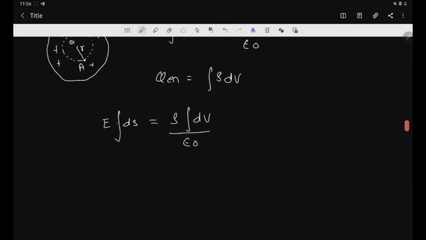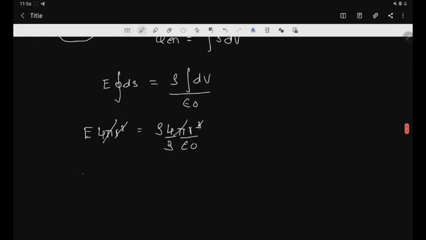Now the closed surface integral of dS will give you 4 pi r squared, whereas the integration of dV will give you 4/3 pi r cubed divided by epsilon naught. So we can cancel the 4 pi, r squared will get cancelled, and what we will get for the positively charged sphere is rho r, this will be r1 in the direction of that field, divided by 3 epsilon naught.